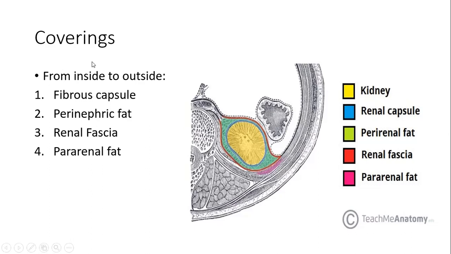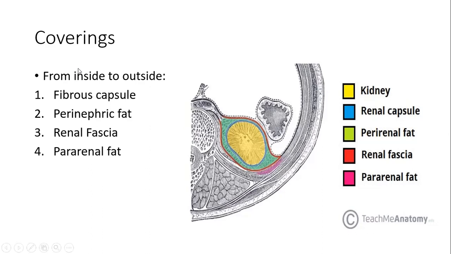If the university also includes short essay questions, famously known as SAQs, such universities often give a note on the coverings of the kidney in their SAQ part of the written examination.